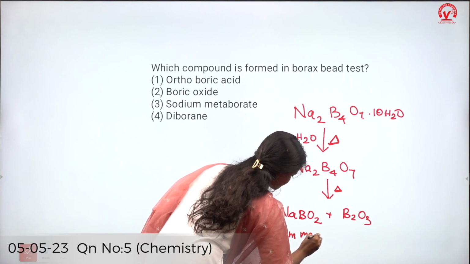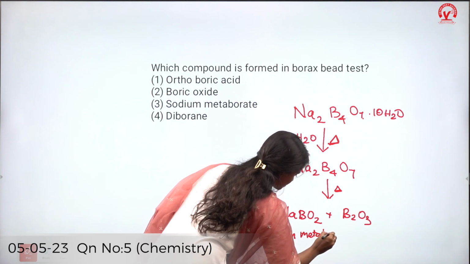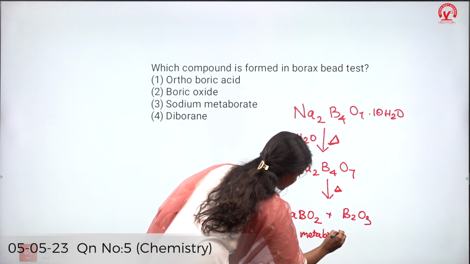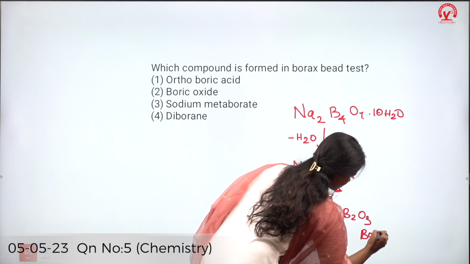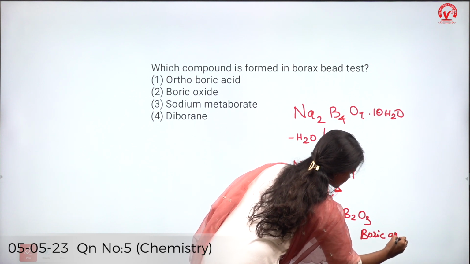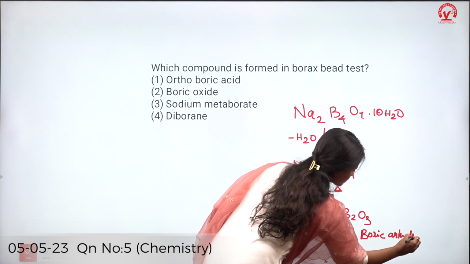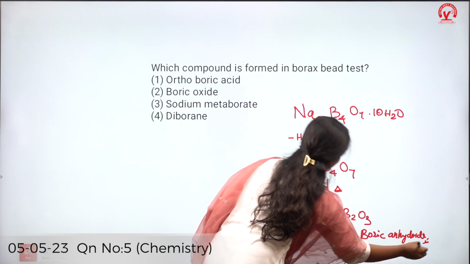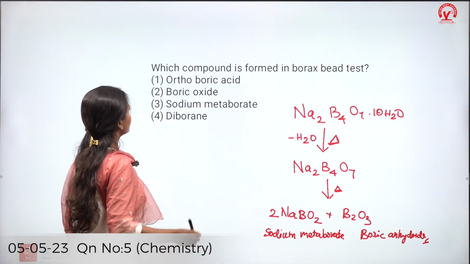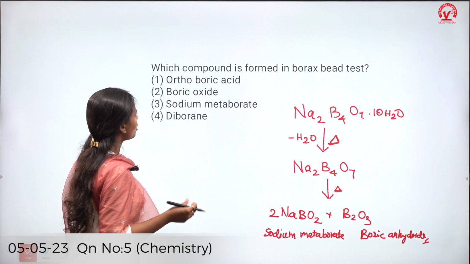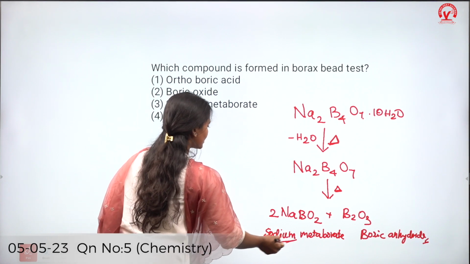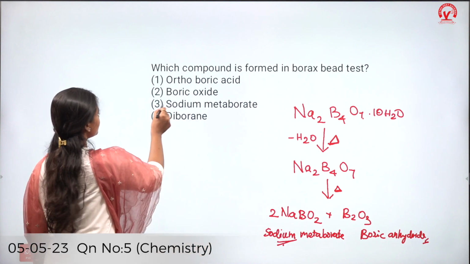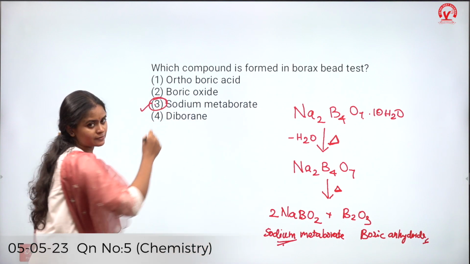Sodium metaborate. It is boric anhydride. Here they are asking which compound is formed in the borax bead test. Sodium metaborate. So option 3 is correct.